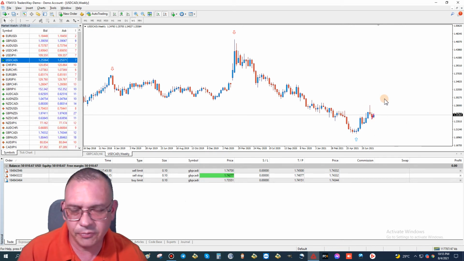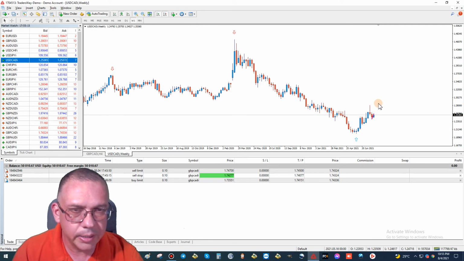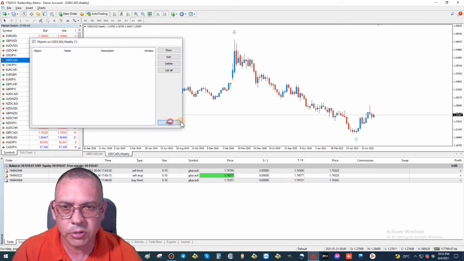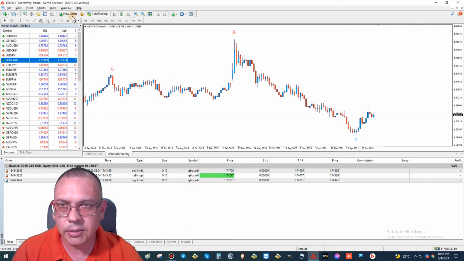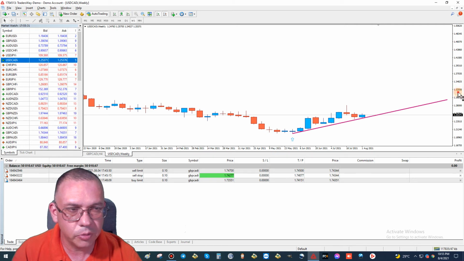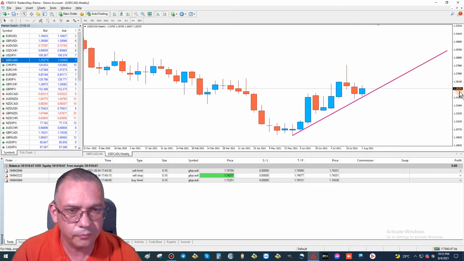If it does. And let me delete this one trend line here so I can show you something else. This is the weekly chart rather, but look at this. If I draw a trend line going up like that, that's pretty much what we just saw on the 4 hour before. See that?